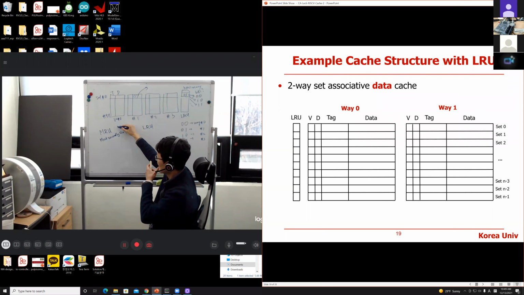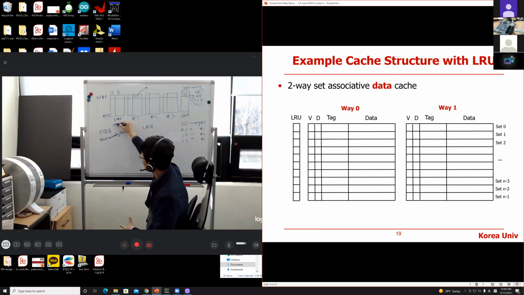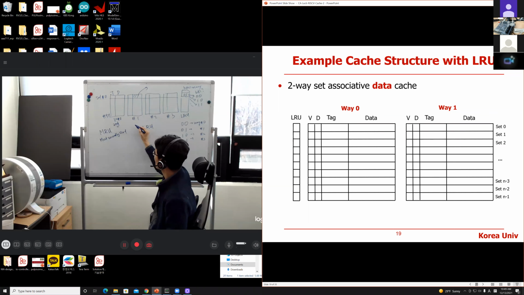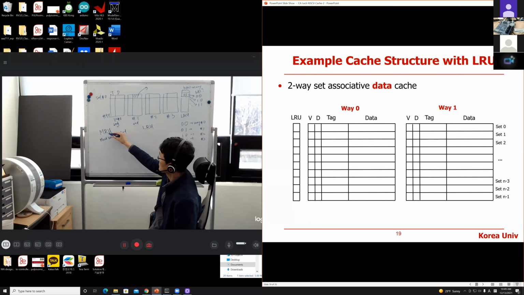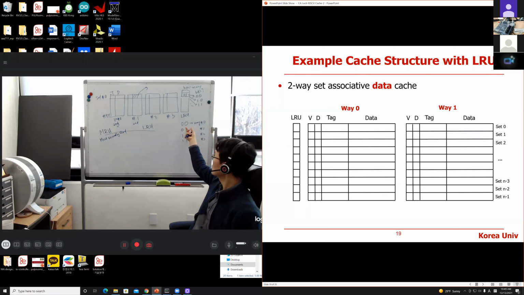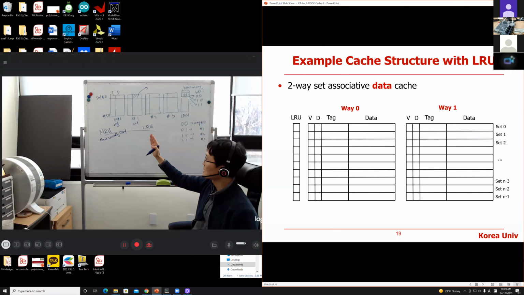And which one is second LRU? So you don't know the access order. You cannot use 2 bits to encode that history, right?